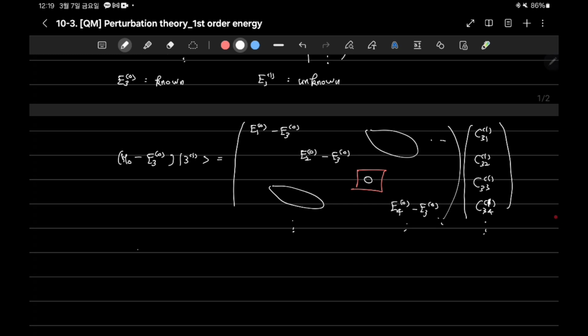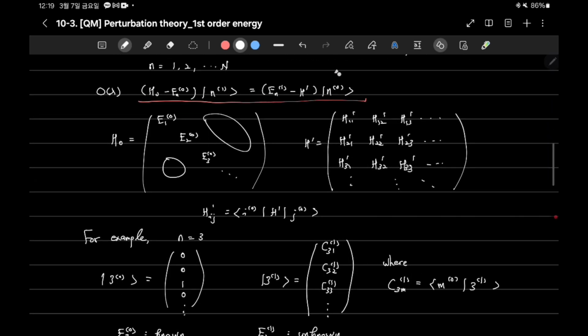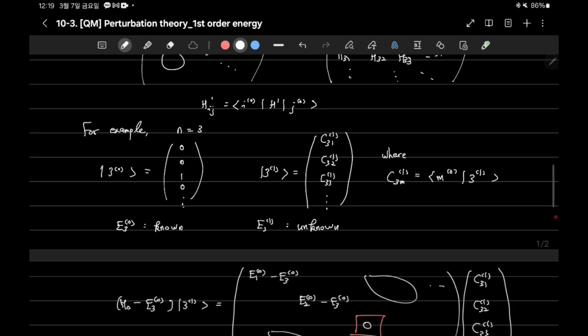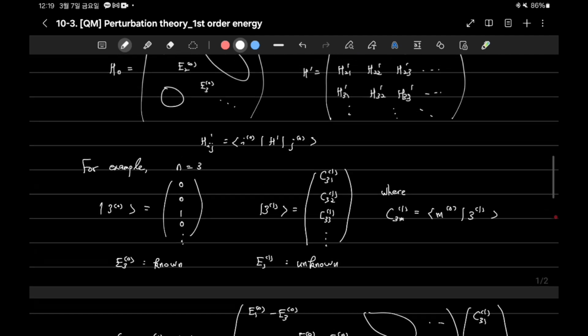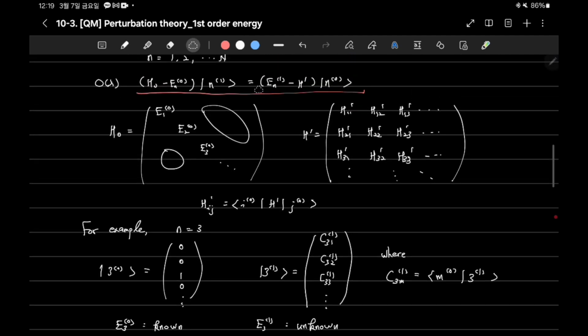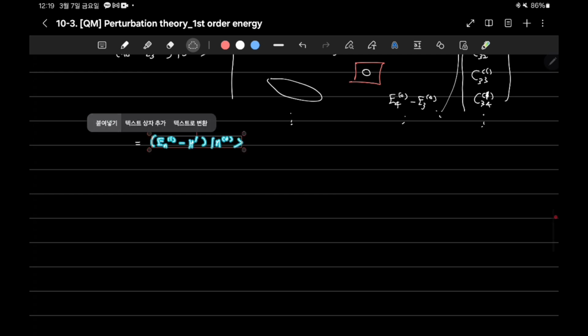Then the right hand side, here it is n equal 3.